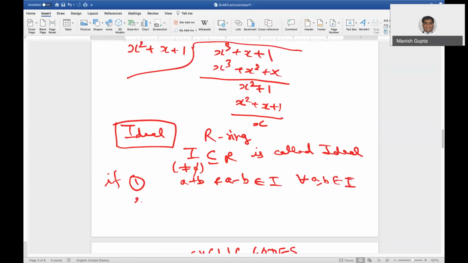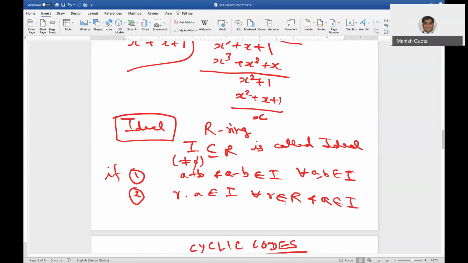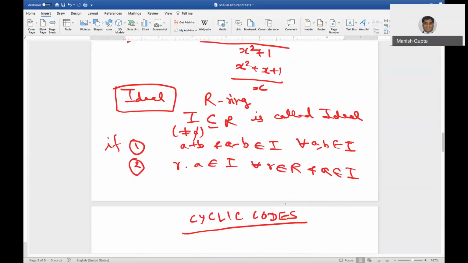Second, it is closed with respect to the outside multiplication of the ring. That means r times a belongs to I for every r in R and a in I. If you take an element in the ring R and multiply it with a, you should get an element of I, so this multiplication is closed in I.